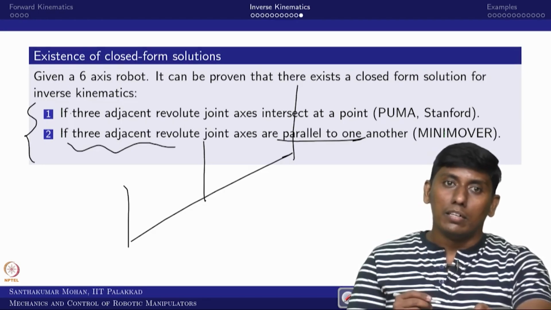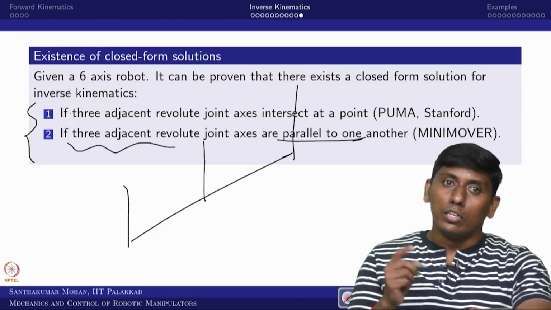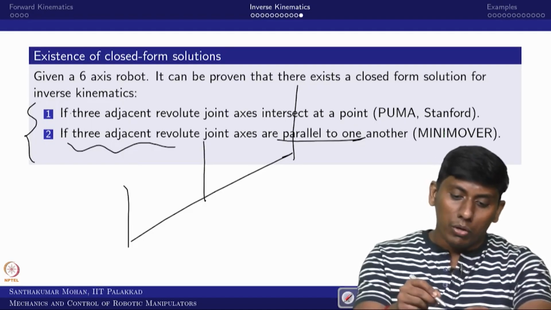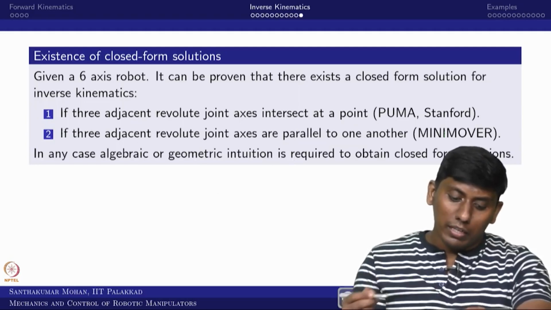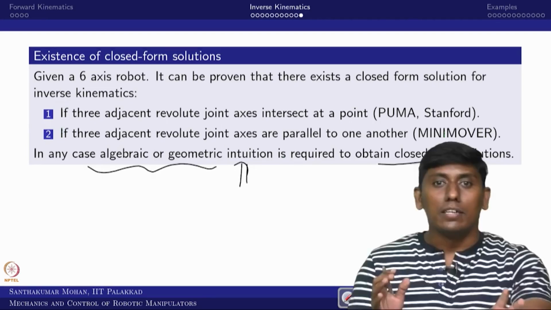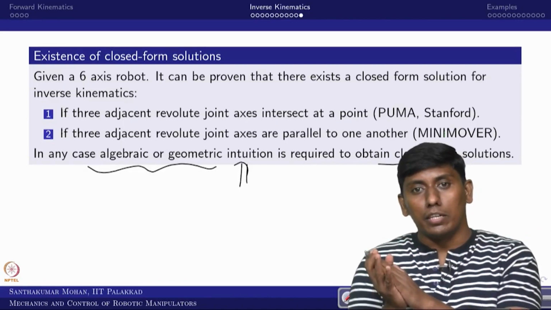Further, the sufficient condition is that either one of these conditions should be fulfilled. In that case, either algebraic or geometric intuition can be used to find the closed form solution. So I hope you understand the difference between forward and inverse kinematics.